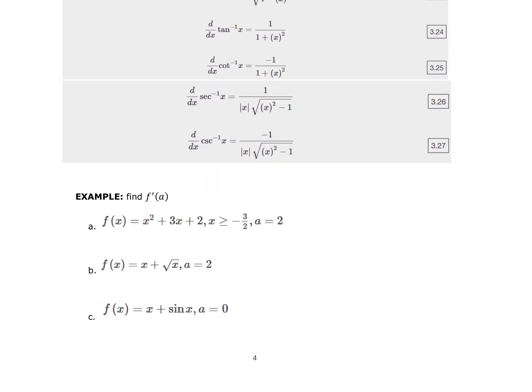Now, let's go through some of these examples where I'm asked to find the derivative of the inverse because, and I say because, see when I see this A, remember how we noted this earlier, f of A gives me the x value.